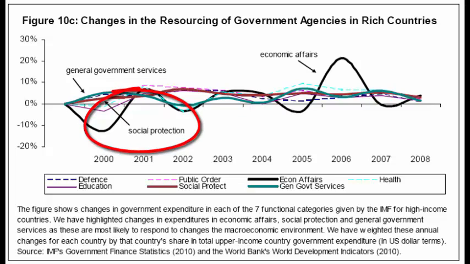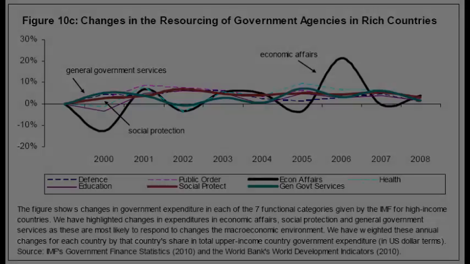Looking at social protection, we see a much more stable time series, which suggests that the offices providing health services, education, and other types of government services are probably more stable in the upper income jurisdictions.